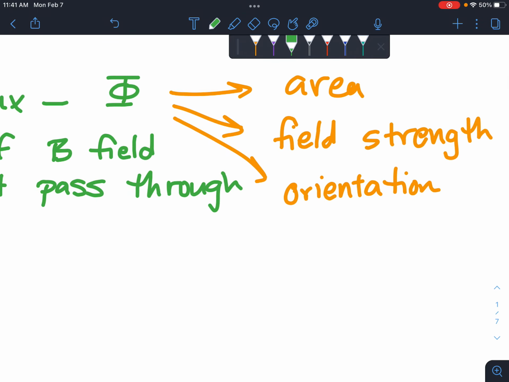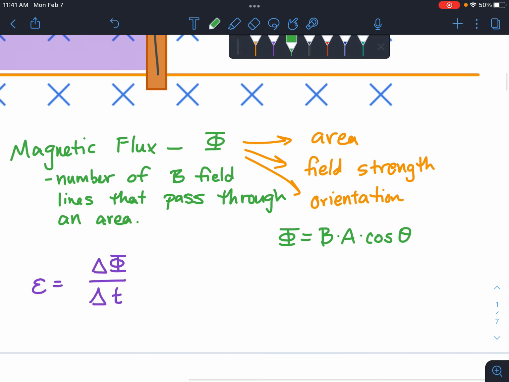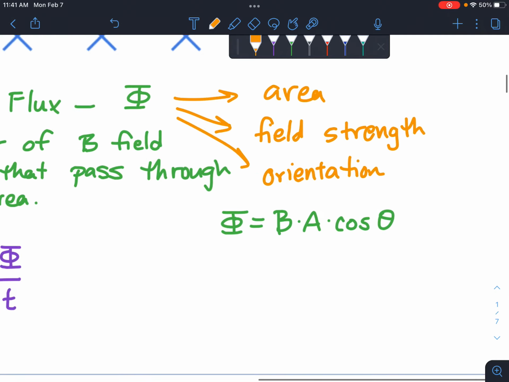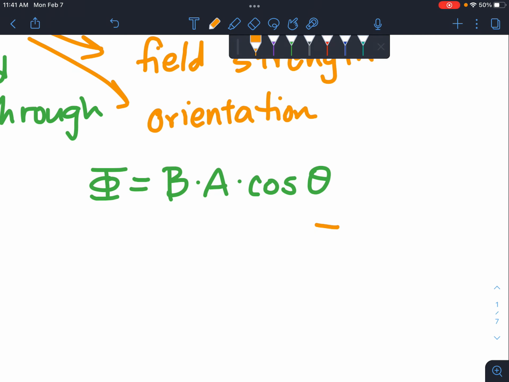And so what we actually come up with mathematically is that this is equal to B times A times cosine of the angle theta. And that theta there is going to be a little hard for us to visualize. Essentially, what I want you to do is think about that if you had a ring of some kind, and I'm going to try and draw this sort of quasi three-dimensionally.